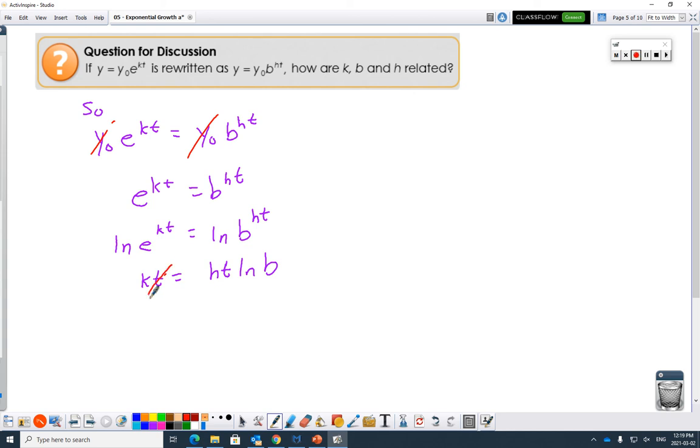The T's go now. And so I get a nice relationship between the k value, if you're going to use e as your base, and the h and b if you're going to use b as your base.